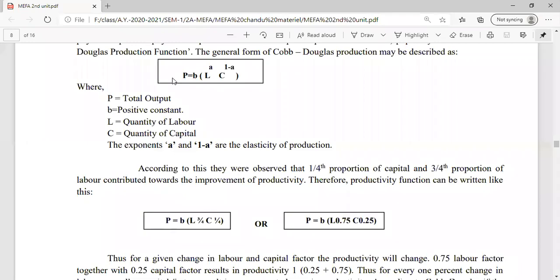So we can say the Cobb-Douglas production function is P is equal to B into L to the power of A into C to the power of 1 minus A, where P is the total product, B is the positive constant, L is the quantity of labor and C is the quantity of capital, whereas the exponents A and 1 minus A are the elasticity of production, right?